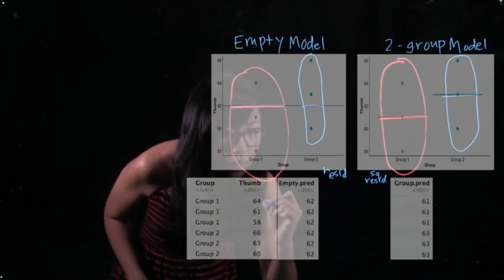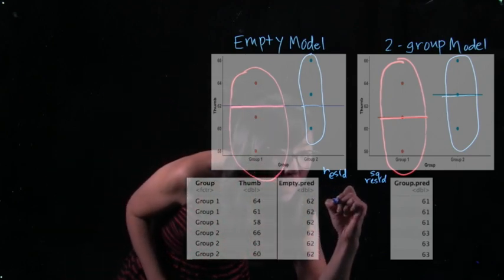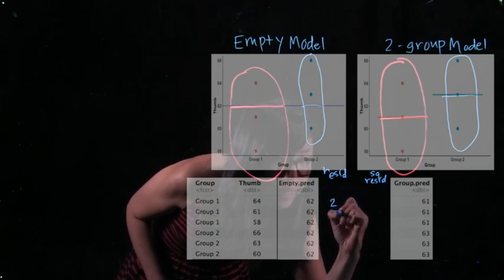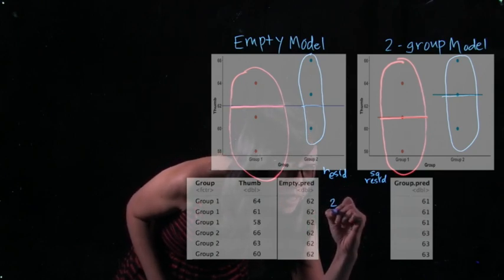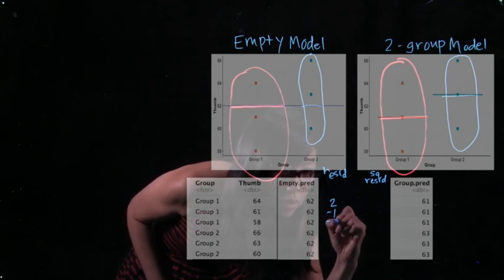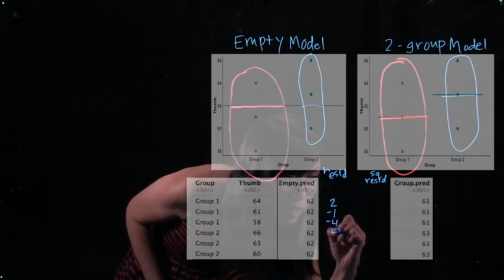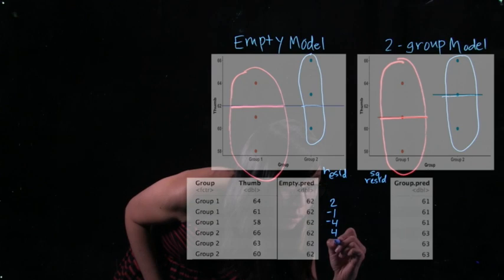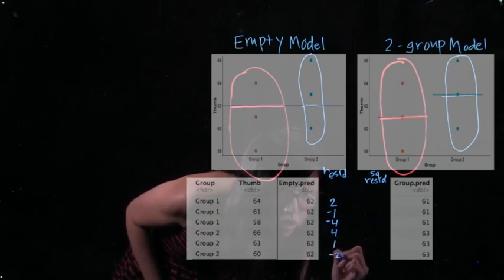So 64 minus 62 is 2. 61 minus 62 is -1. 58 minus 62 is -4. 66 minus 62 is 4. 63 minus 62 is 1, and 60 minus 62 is -2.